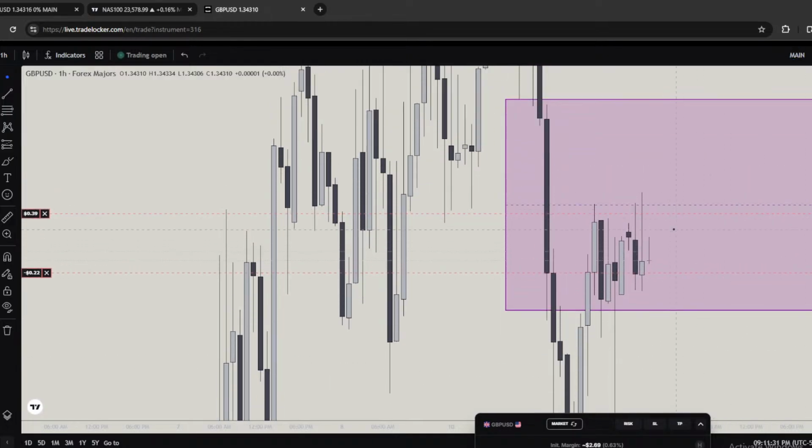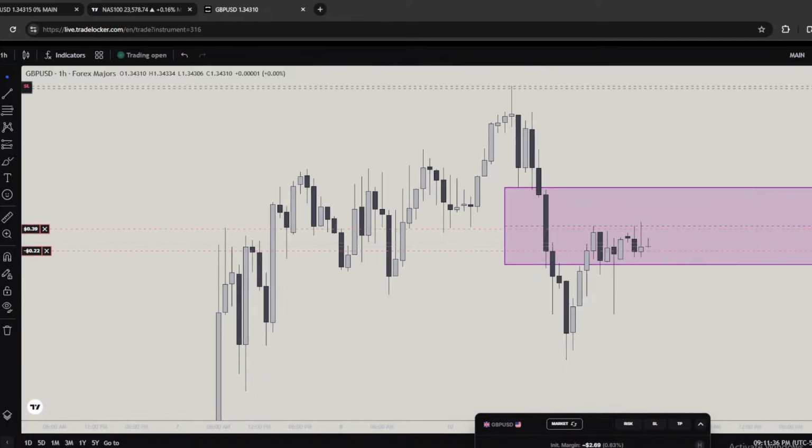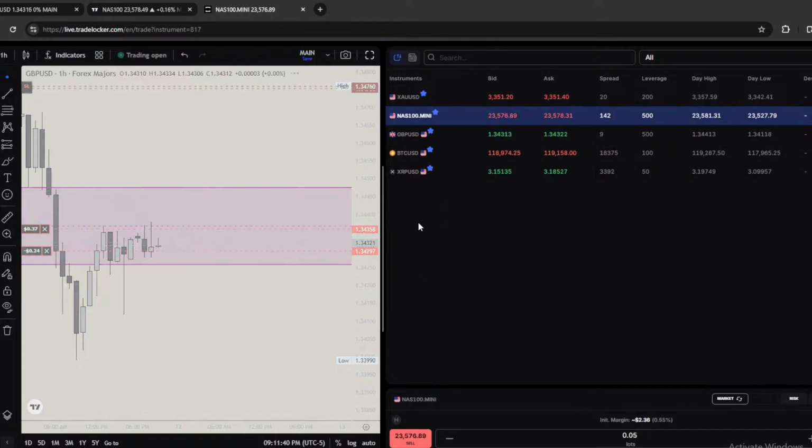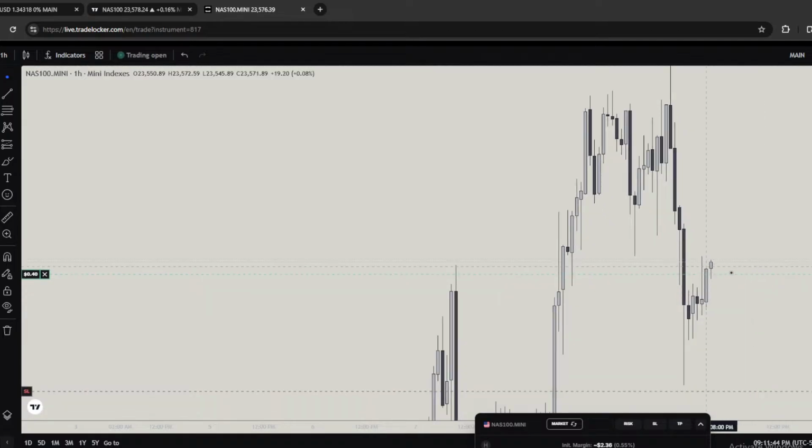GBP, entry 1, entry 2. Real hot. I'm a spot. Then on my Nas entry.